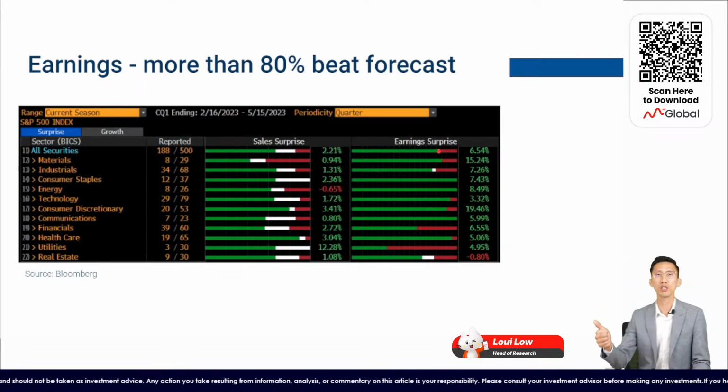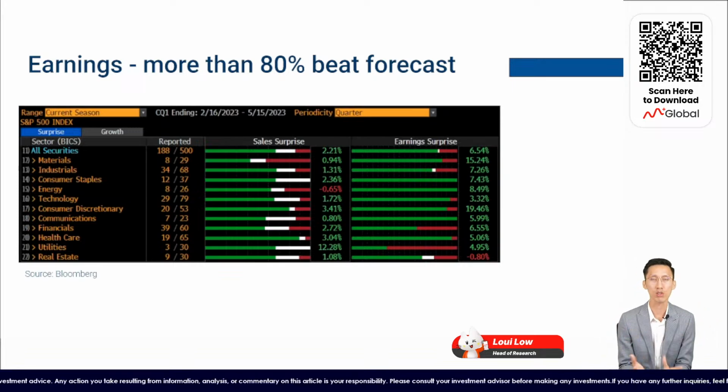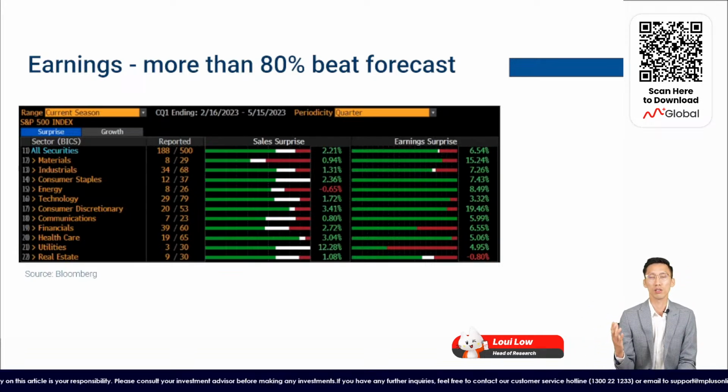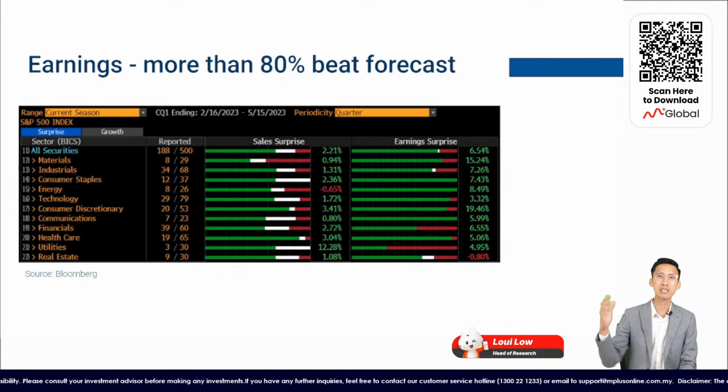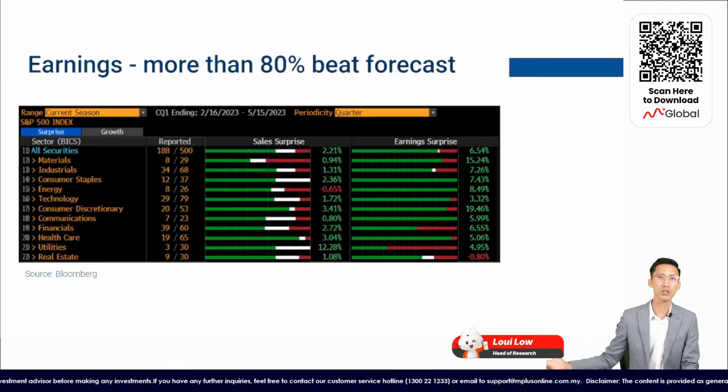So one way to see this is that this is good, this is optimistic, and very positive. But another view is that over the past few quarters they have been slashing the consensus, which means the analyst thinks that this company may not be earning that much in the next few quarters. Therefore, they put their expectation lower for the next few quarters.